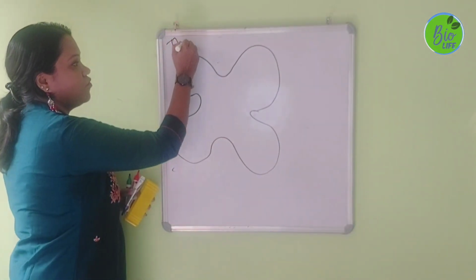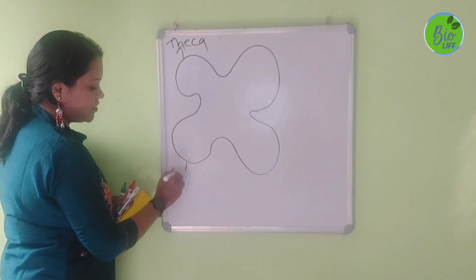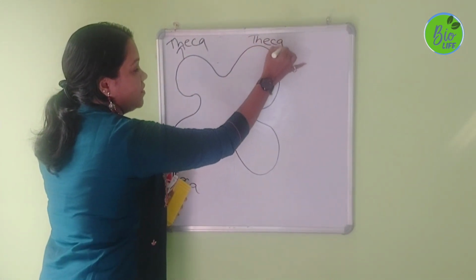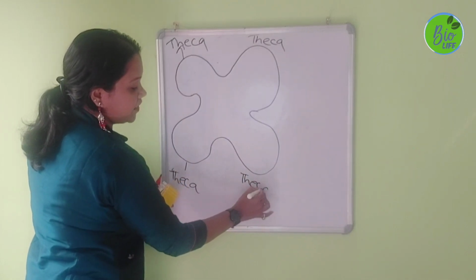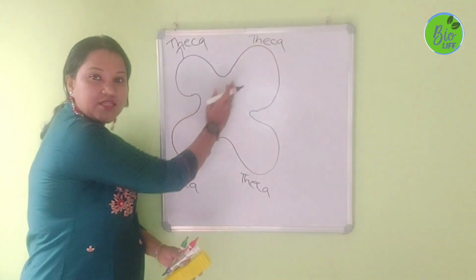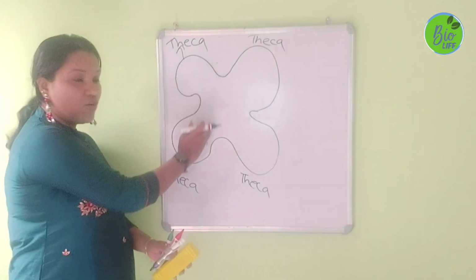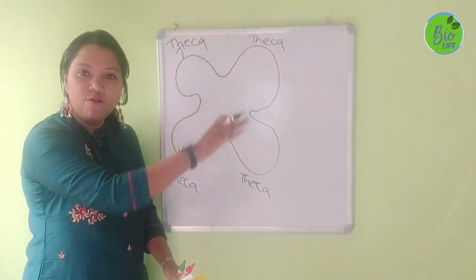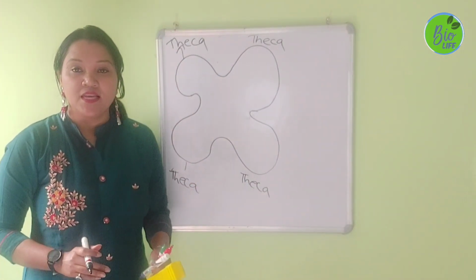So this is one theca, this is another theca, here one more theca and here one more theca. So total four theca are present.